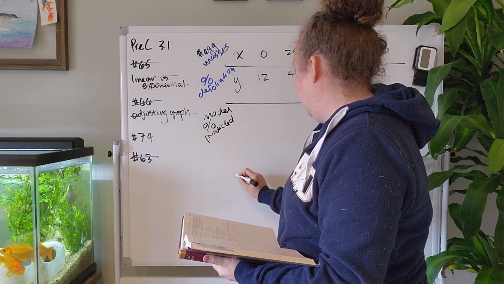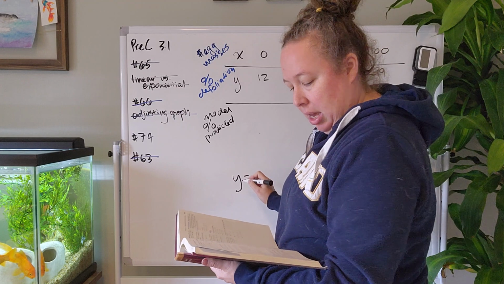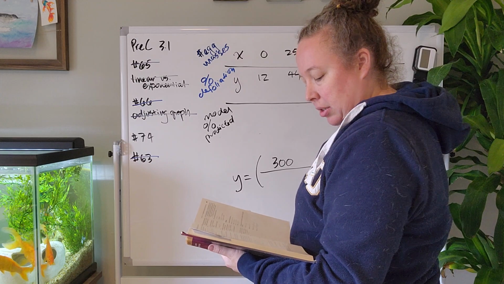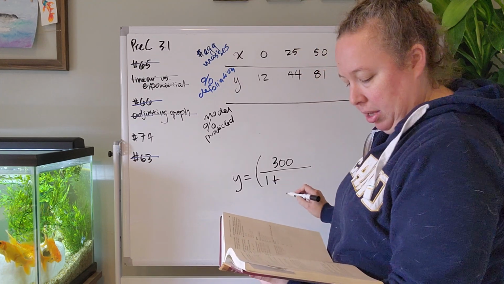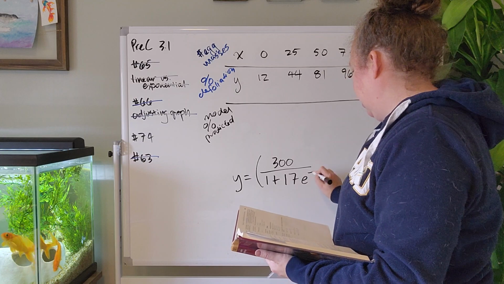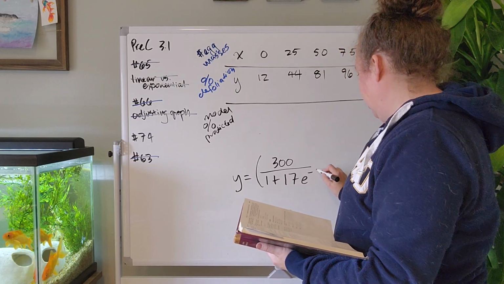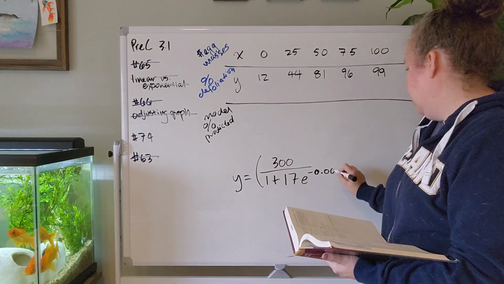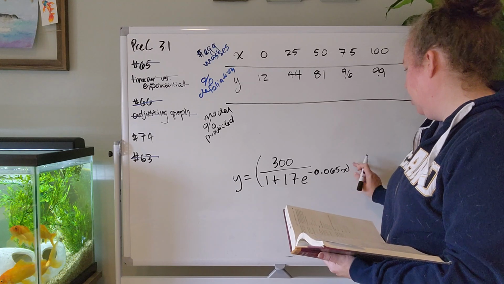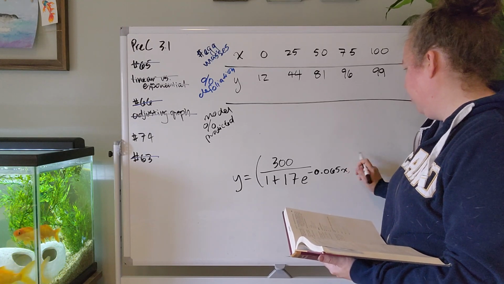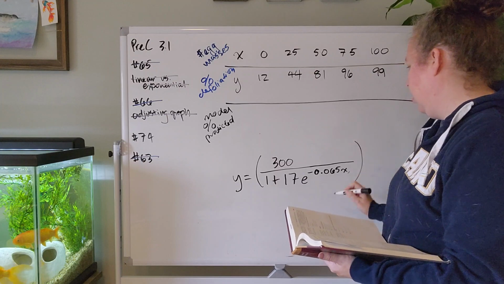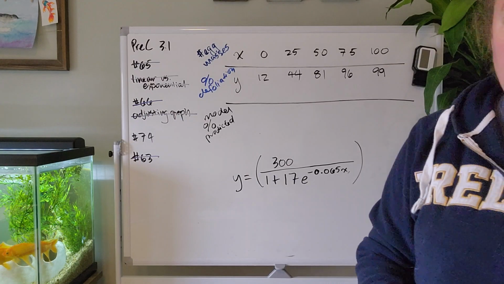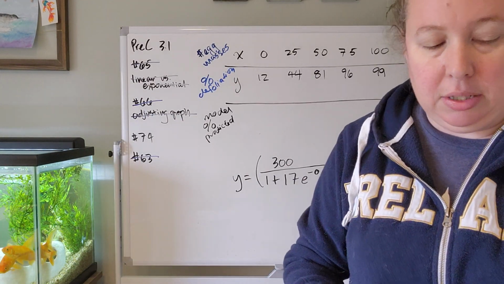But if we are given y equals 300 divided by 1 plus 17 e to the negative 0.065x, in order to communicate reliably with our calculator, we're going to have to introduce a couple of sets of parentheses.